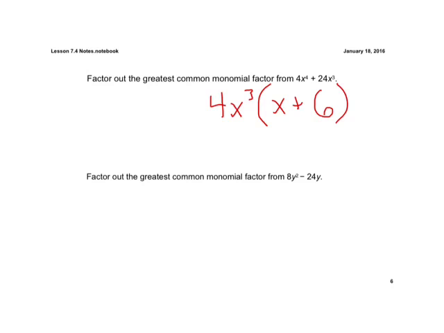We see that 8 goes into both numbers, both coefficients, so let's pull out an 8. And we have a y we can pull out, but we can't do a y squared because this one, the biggest, is a y. Now, what do we have left over if we divide out? We have a y left minus a 3. 3 times 8 is 24. And we can stop there.